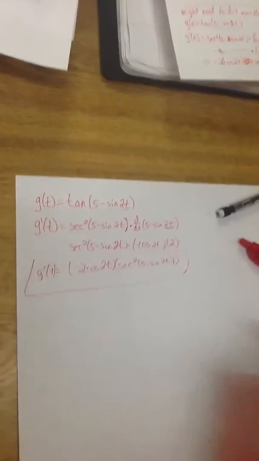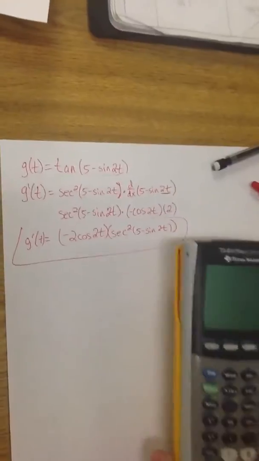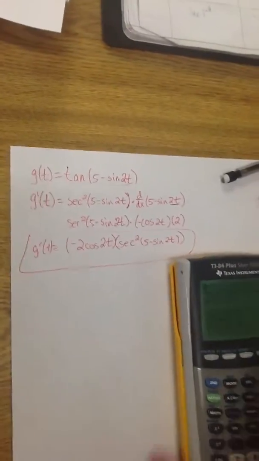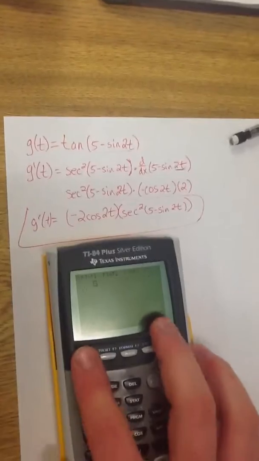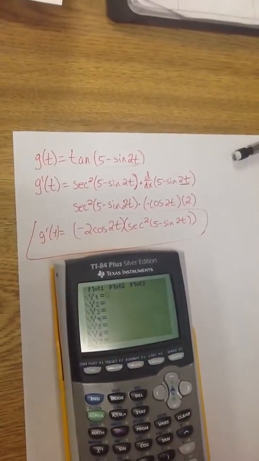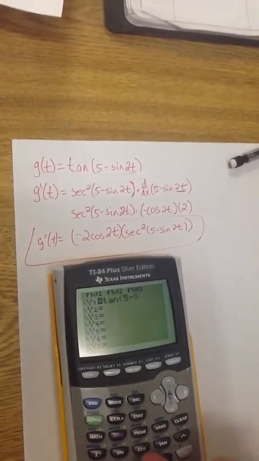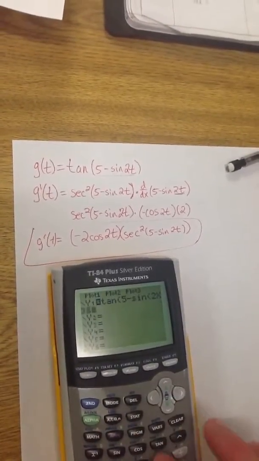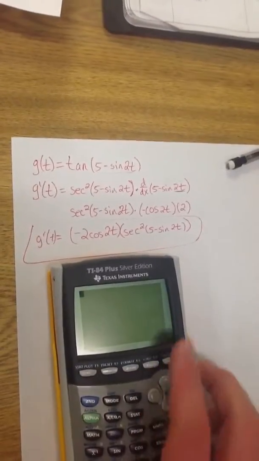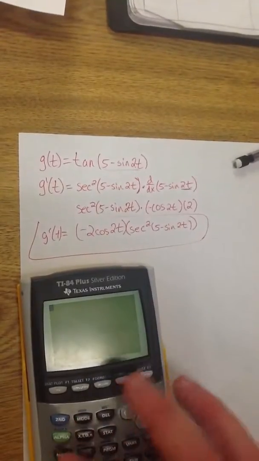In the book, if you are unsure of your answer, use nDeriv to support your computation. So what they're saying is, I think this is my answer, but I'm not sure. So what I can do, where'd my graphing calculator go? I can take this and plug that into y1. Alright, and now I'll take the nDeriv at a point.